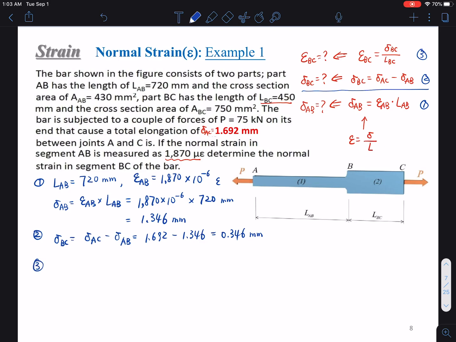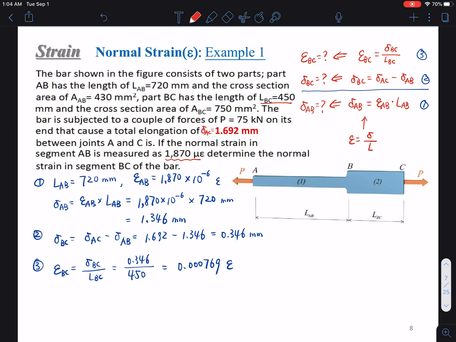Now we come to the last step, to solve for epsilon BC. Epsilon BC equals delta BC over LBC. Delta BC is here, this is 0.346 over LBC, 450. So we will get a number that is 0.000769 strain.